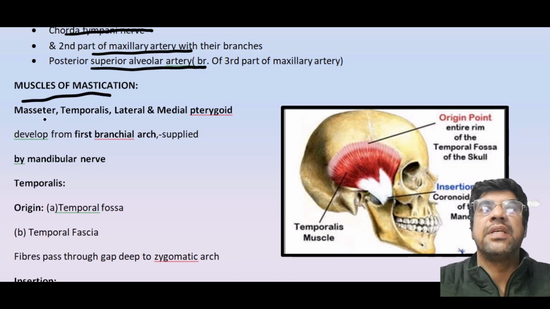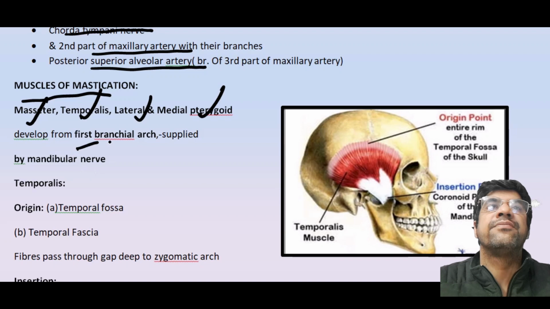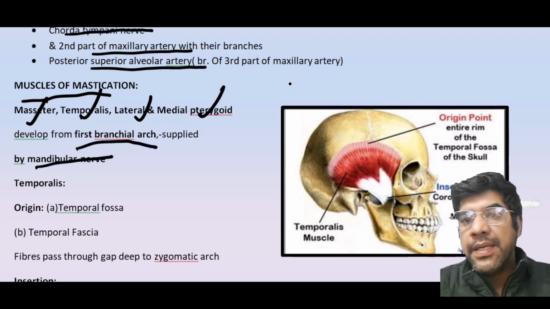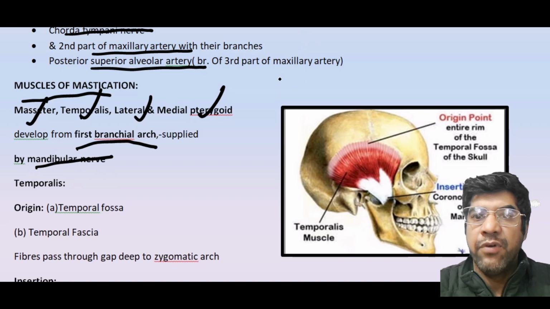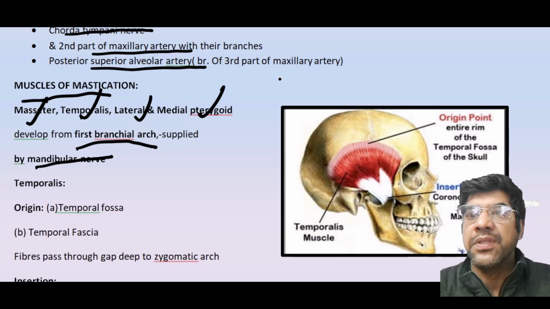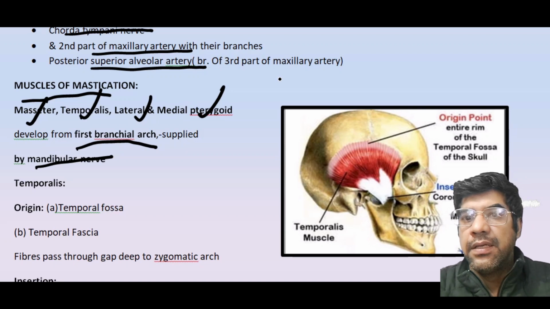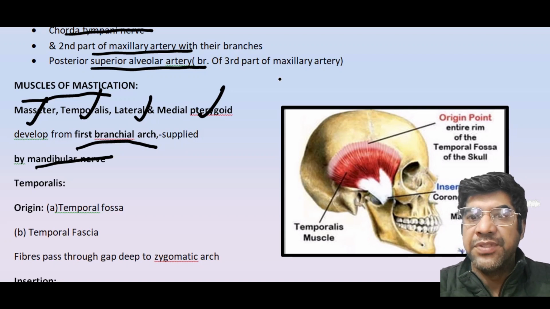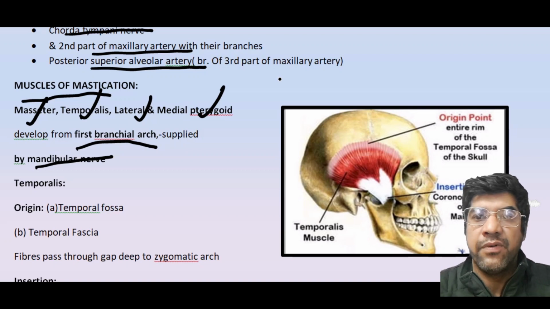The muscles of mastication, remember, are the masseter, temporalis, lateral and medial pterygoid, and they develop from the first branchial arch and are supplied by the mandibular nerve. The masseter is a powerful jaw closing muscle located on the side of the face. The temporalis is positioned on the side of the head. The temporalis muscle originates from the temporal fossa.